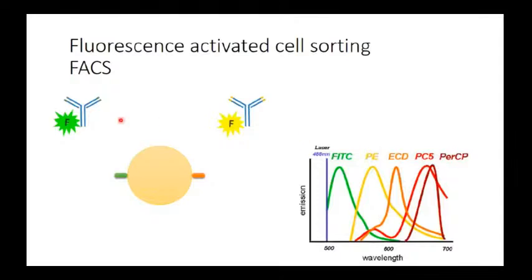So if I use two different fluorophores, then I can study two different proteins. For example, this fluorophore emits a green light, and this fluorophore emits yellow light. So they are different wavelengths.